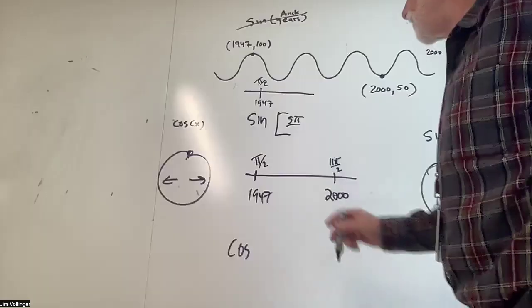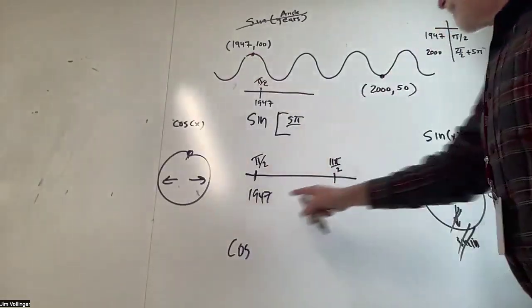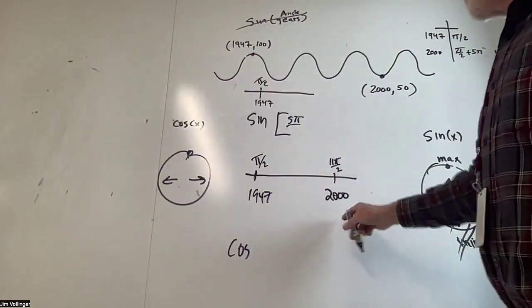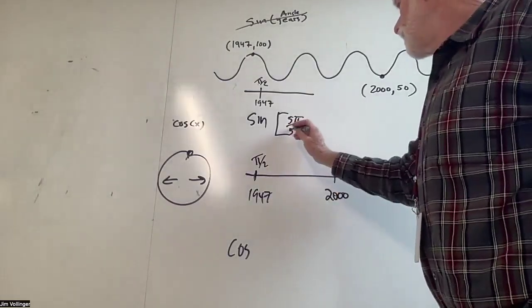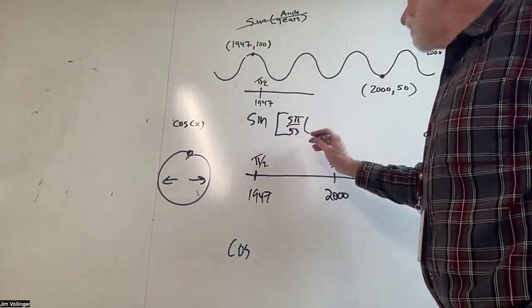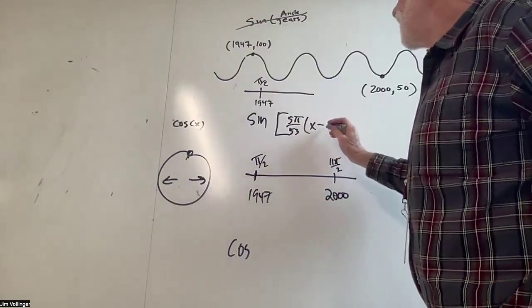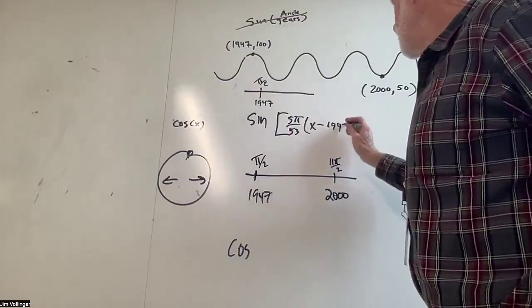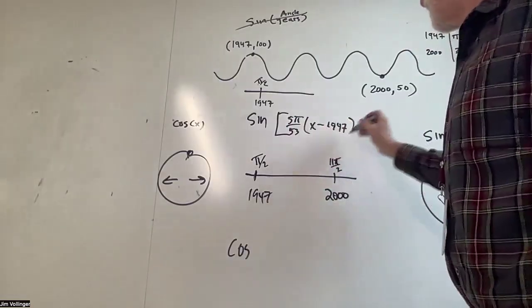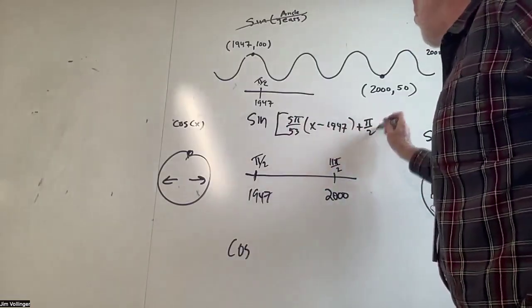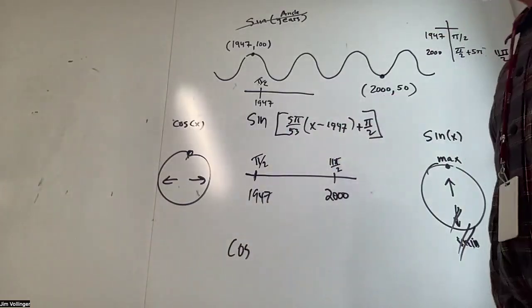So what's our linear function? 5 pi, change in years, what is that, 53? And we're going to let our angle be x minus 1947, right? So I plug in 1947, we want pi over 2. Well, there it is. That's just the equation of a line.